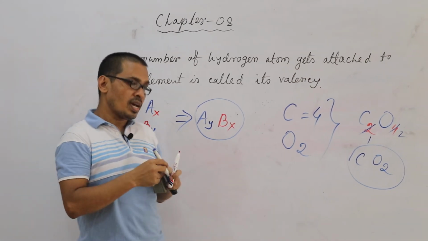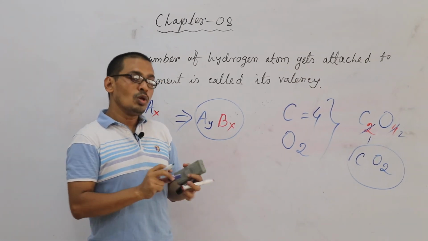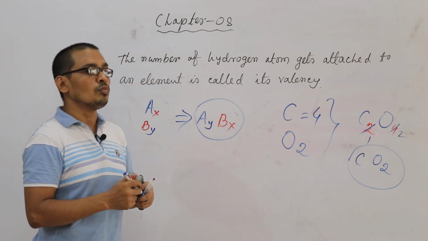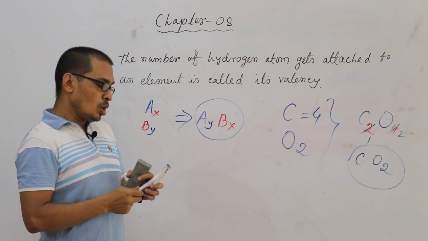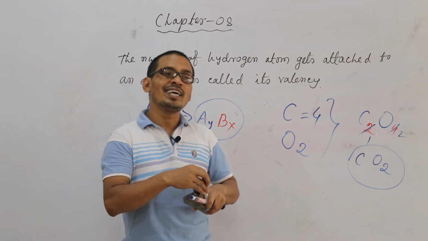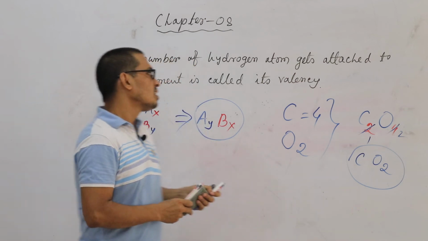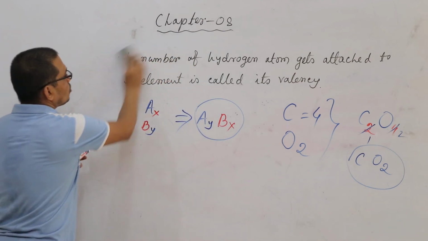Dear students, I think now you will be able to write the formula of compounds and molecules. Now we will try to learn about radicals. What are radicals? In your book you will get some formulas like this.